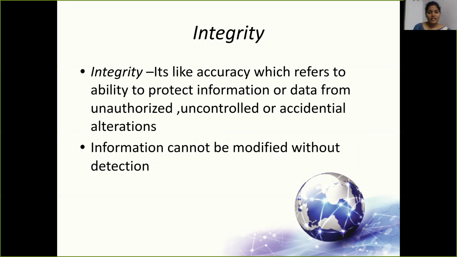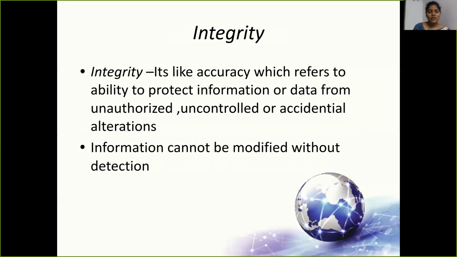Integrity is like accuracy, which refers to the ability to protect information or data from unauthorized, uncontrolled or accidental alterations. Simply put, integrity means accuracy. So the data called MLRIT should reach from source to destination without being modified, and accuracy should be maintained from source to destination.